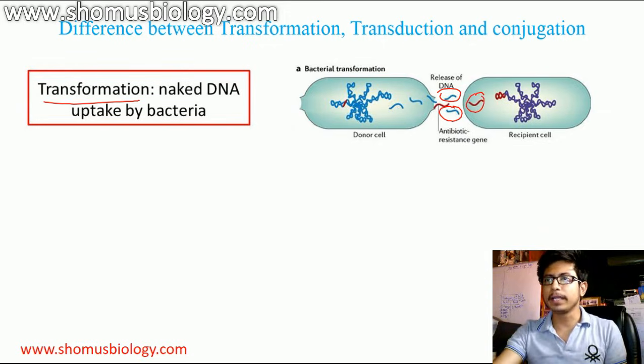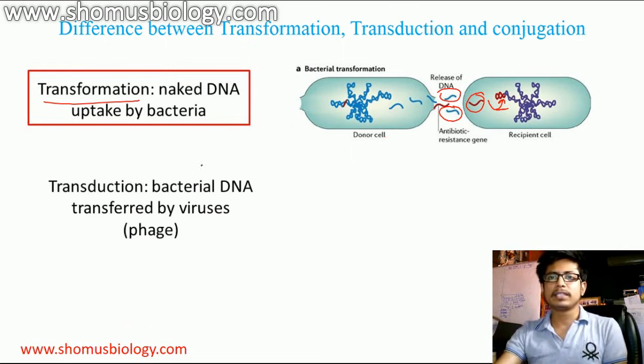After this uptake, that fragment can be recombined with the bacterial chromosome of that recipient cell. If it is recombined, then a new gene sequence is incorporated into the recipient cell, and with the help of this new DNA they can have different features.